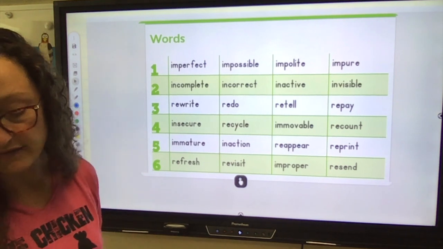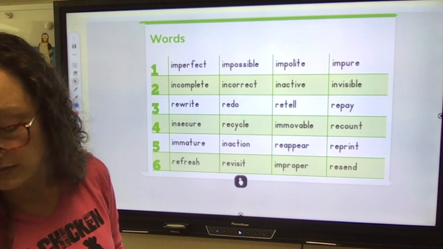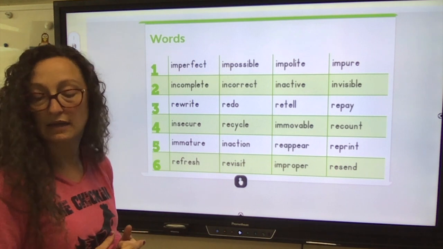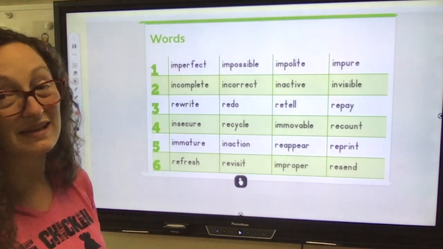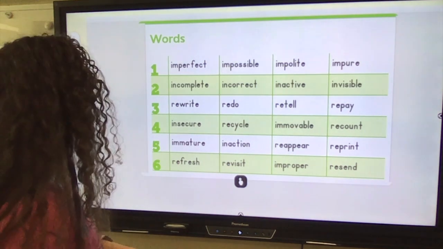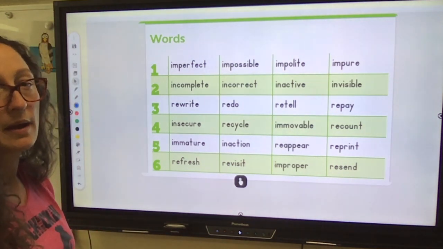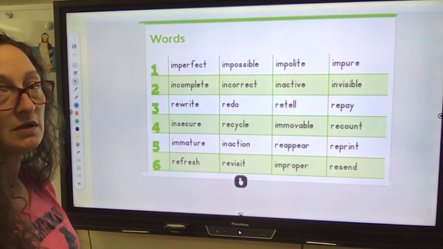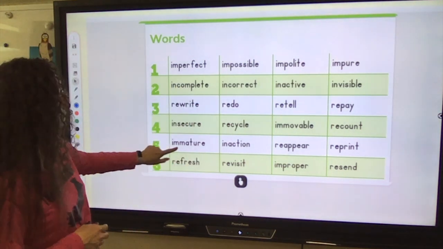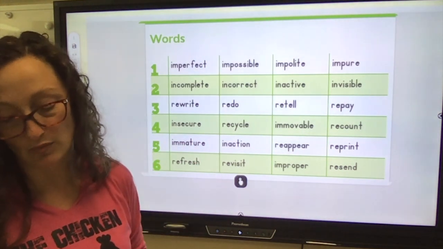All right, next one. Having a temper tantrum is an blank way to act. There's a hint because the word before it is an, so you know that word's going to start with a vowel. If you're throwing a temper tantrum, is it very mature? Or is it immature? Having a temper tantrum is an immature way to act.